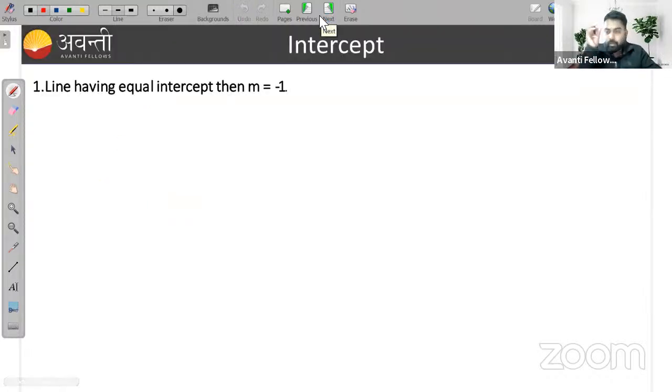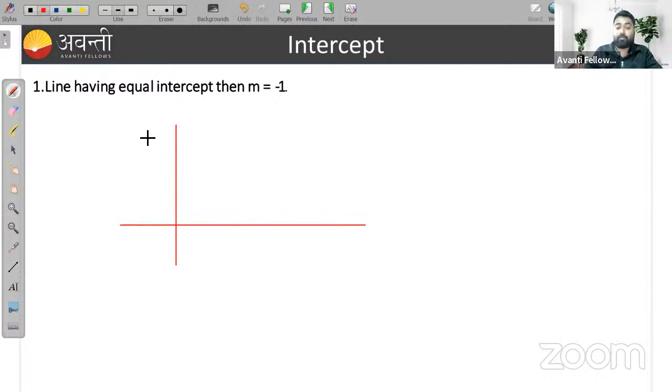Now we'll see some results on intercepts. A line having equal intercepts, that is, the x-intercept and y-intercept are the same, then the slope of that line is m equal to minus 1.